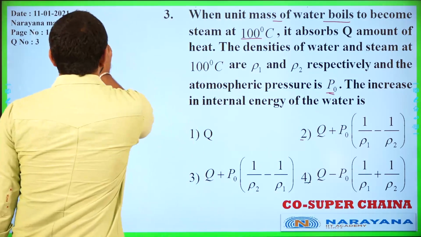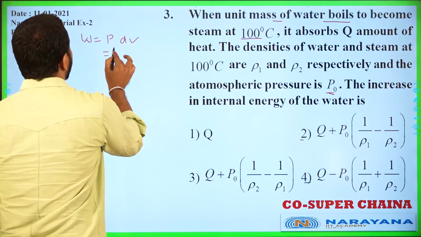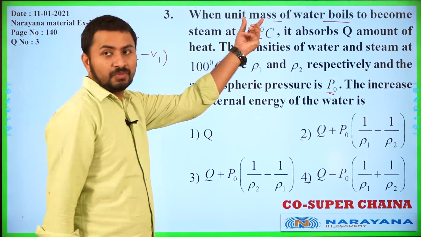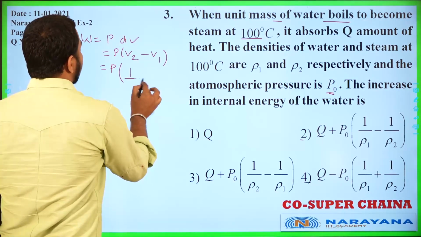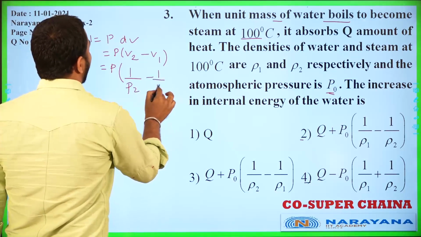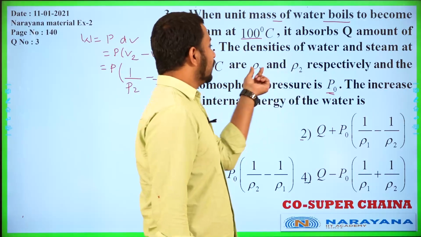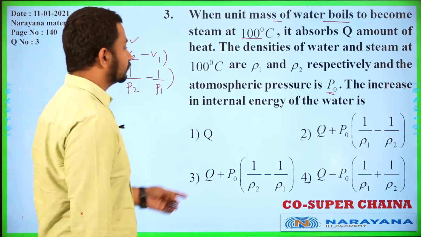So if you find here the work done, student, work done will be equals to P dV, and it can be written as P (V2 minus V1). Because we are taking unit mass, we can write it as P (1 by ρ2 minus 1 by ρ1). ρ1 and ρ2 are the densities of water and steam respectively. So work done, we got this.